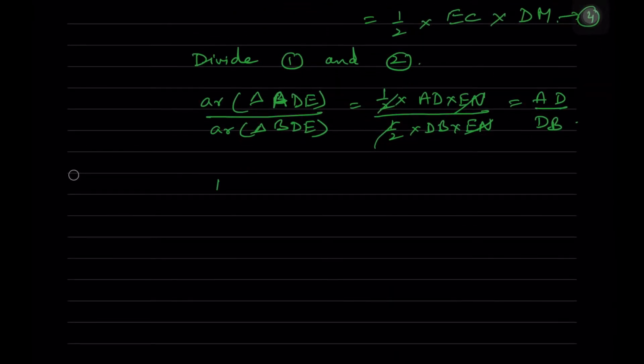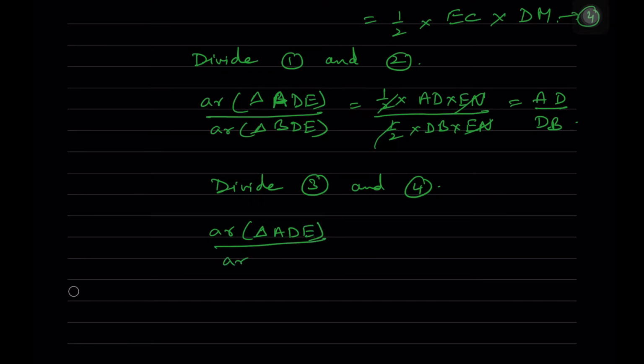Next, again divide equation 3 and equation 4. Area of triangle ADE divided by area of triangle DEC is equal to half into AE into DM divided by half into EC into DM.